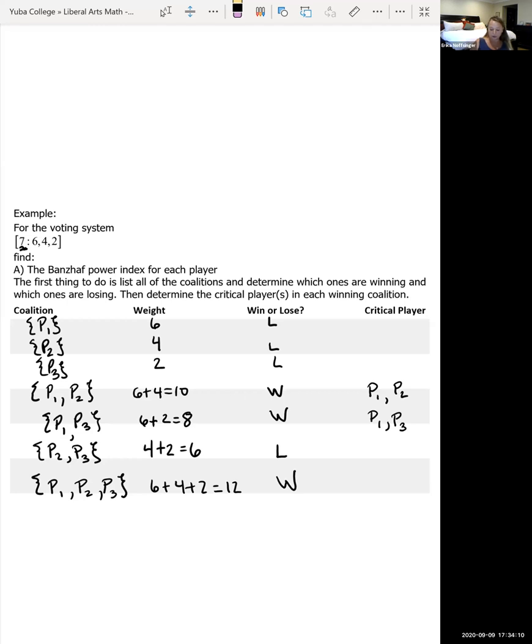But we need to see which ones are critical. If we took out player 1, that would leave player 2 and player 3, which we saw above is losing. So they need player 1 for this to be a winning coalition, so player 1 is pivotal or critical.